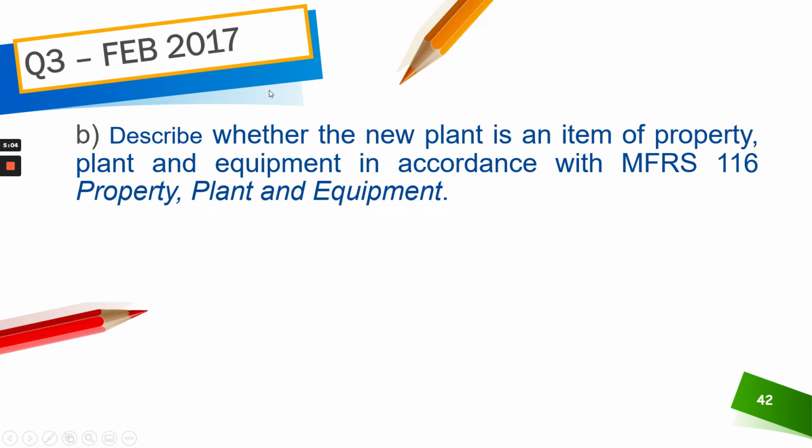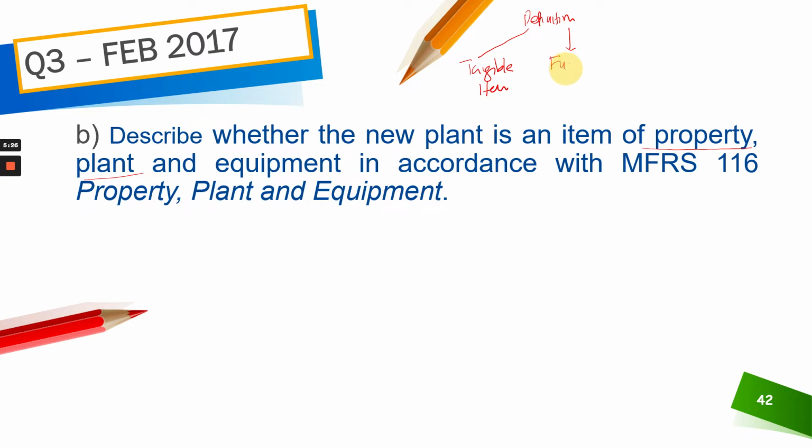Next, you are asked to describe the second part of the question, whether or not the new plant is an item of PPE. And this one will need you to first recall what is the definition of PPE. So you need to look at whether or not it is a tangible item.